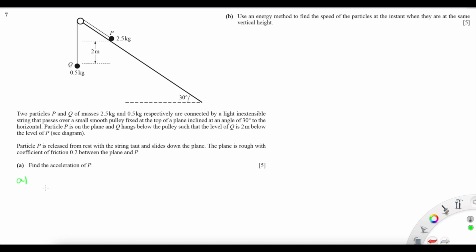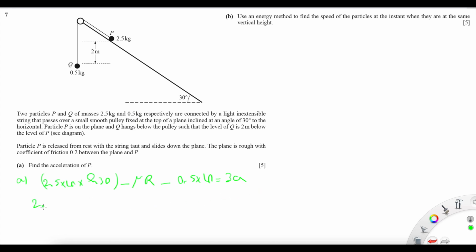So in this direction, we have mg, which is 2.5 g, 10 times sine of 30 for particle P, then minus friction, which is in the opposite direction, mu R, minus 0.5 times 10, is equal to the total mass, which is 2.5 plus 0.5, 3a.